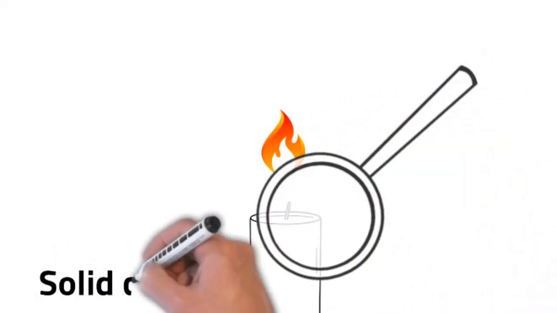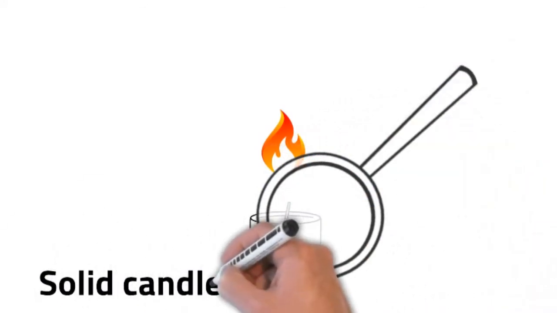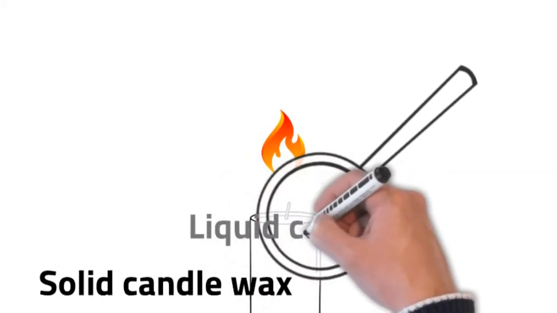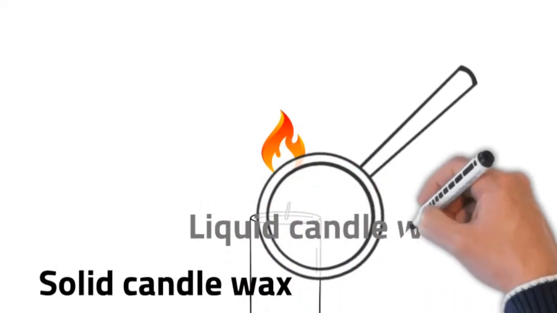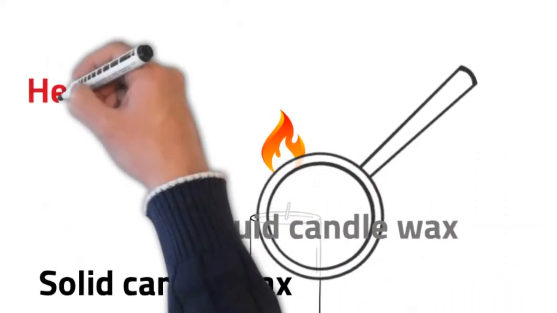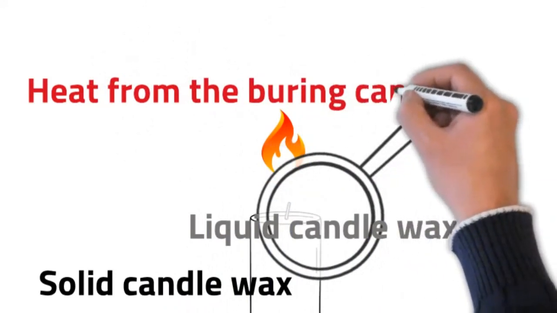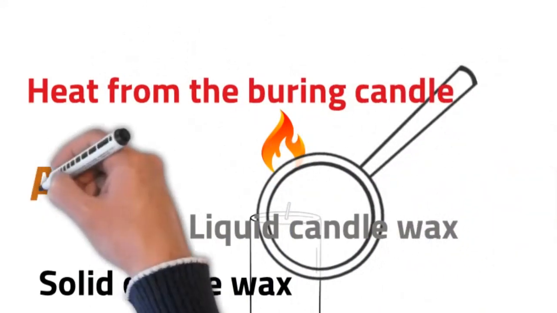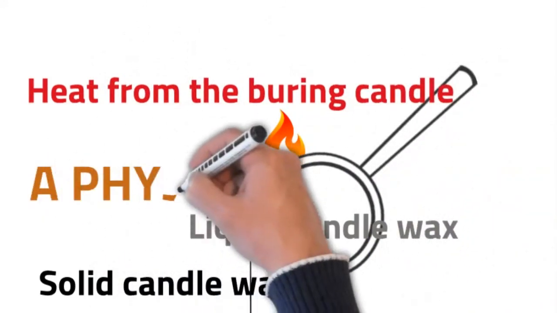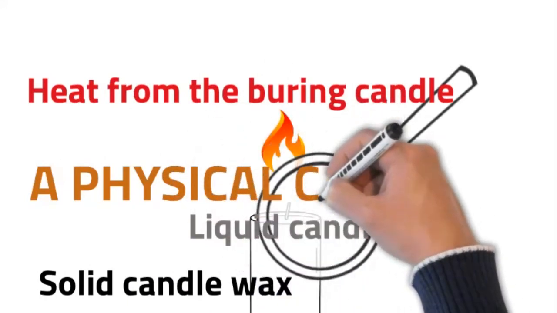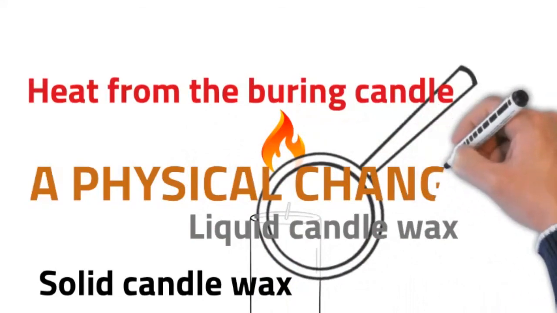There is the solid candle wax, and there where the fire is, we have liquid candle wax. The heat from the flame is providing the energy for the solid candle wax to melt and become liquid candle wax. Yes, that is a physical change, but that's not the candle burning. That is the wax of the candle melting.